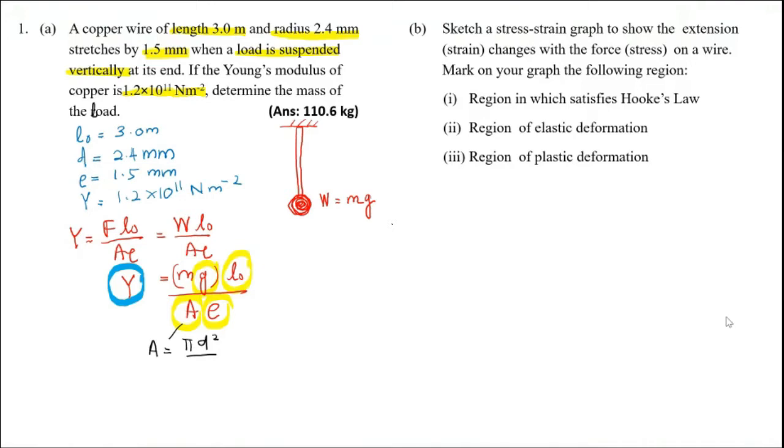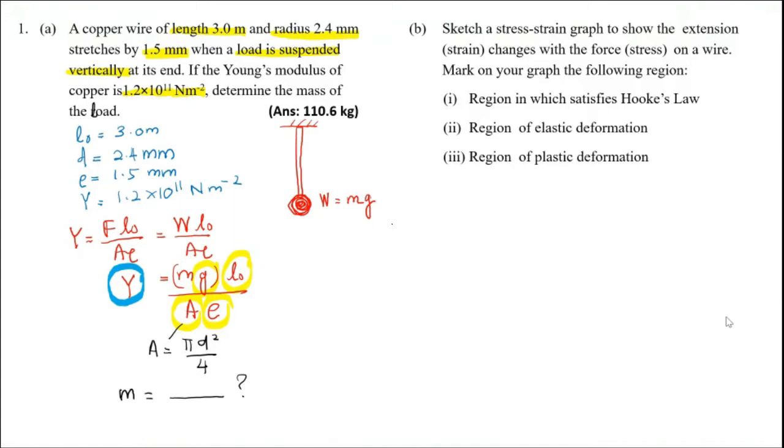You can substitute the value of diameter in the formula in order to find the A. And then if all the values are known, you just substitute in the formula to find the mass. So simply you can find the mass. Okay, you do this one later.